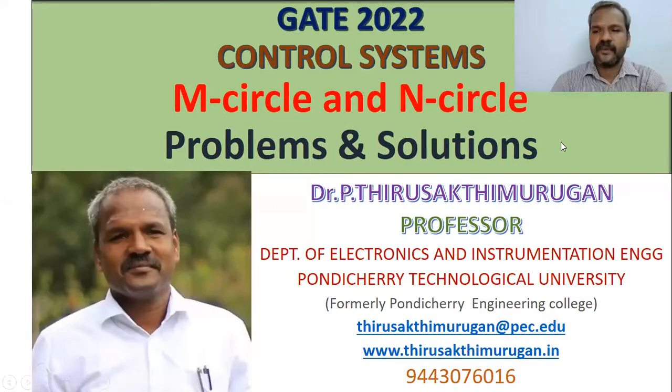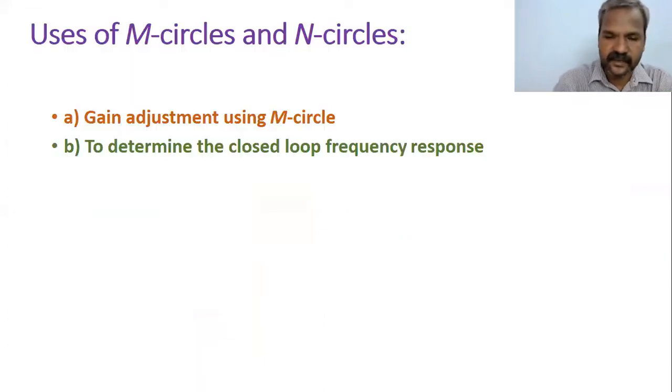So yesterday we saw the different circles and their centers and radius. We determined the centers and radius of the constant M and N circles. So the major use of the M circles and the N circles are gain adjustment using M circle and to determine the closed loop frequency response.